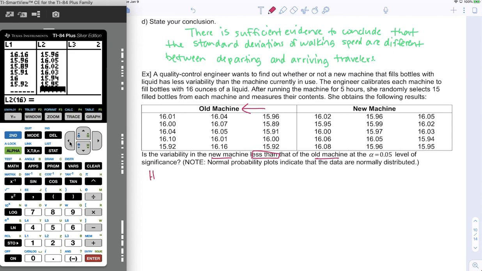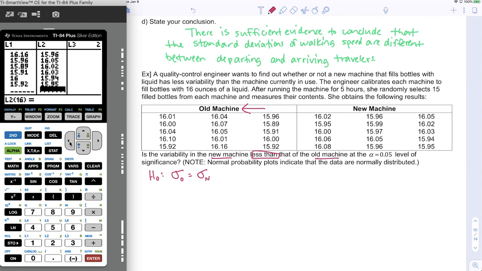So the null hypothesis is always that both standard deviations are equal. I'm going to use subscripts instead of 1 and 2. I'm going to use O for old, and N for new. I'm doing this because I put the old machine data in list 1, so I want to put the old machine standard deviation first. It doesn't matter as long as you keep it consistent.